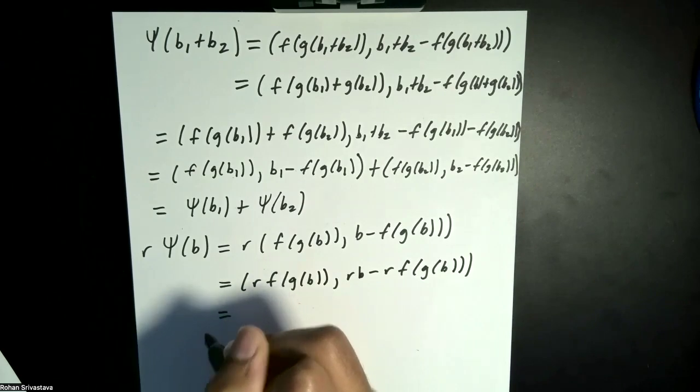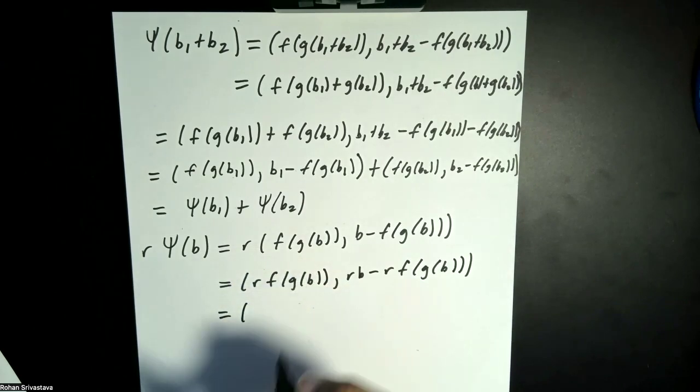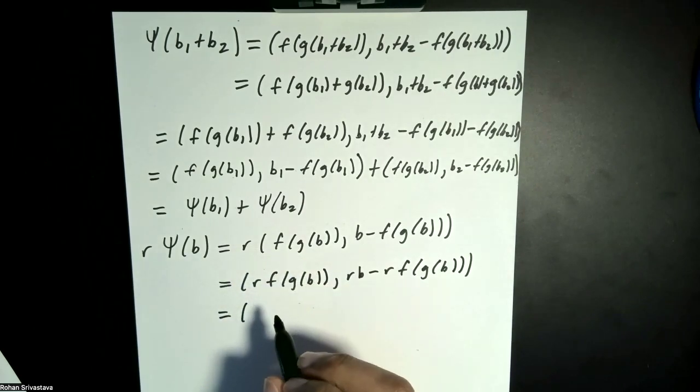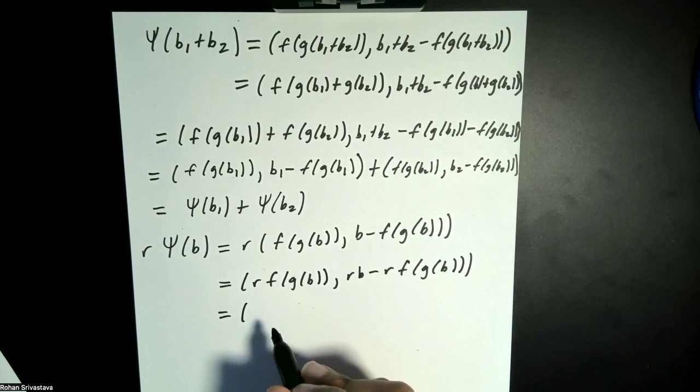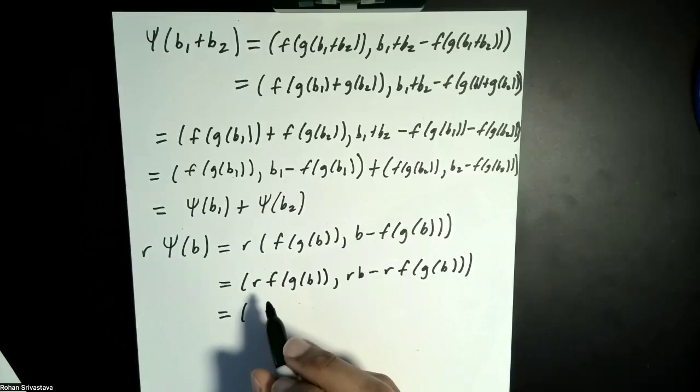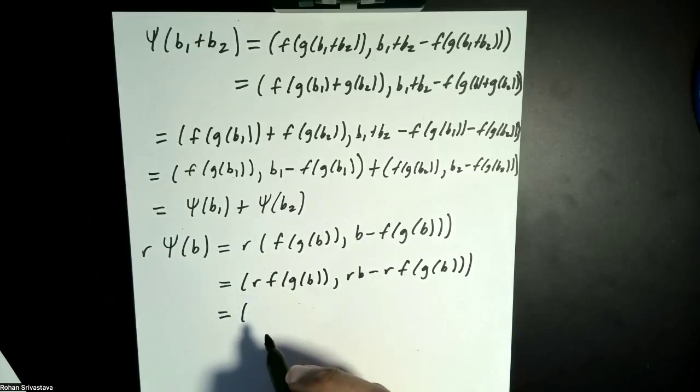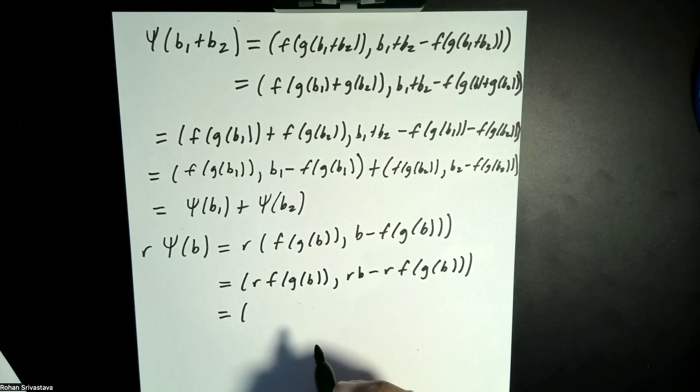And now we'll use the fact that F is an R module homomorphism. So r times F of something is F of r acting on that something.